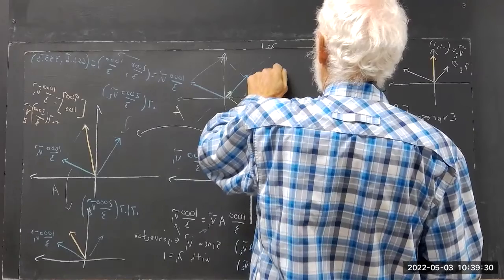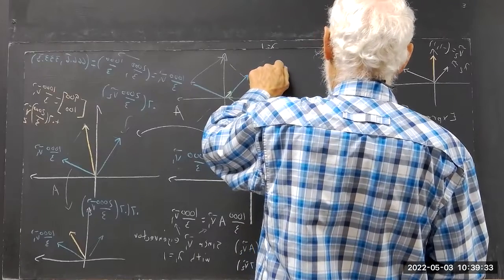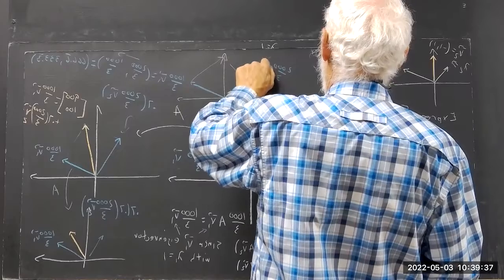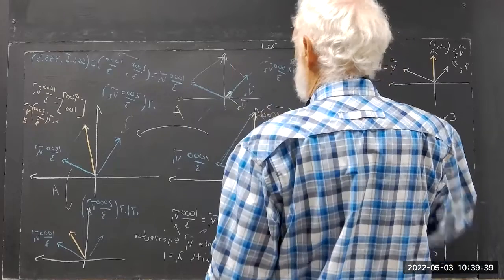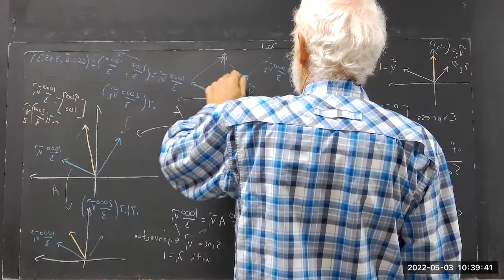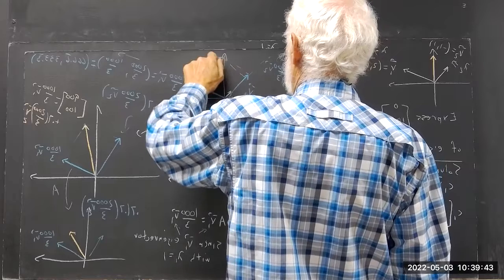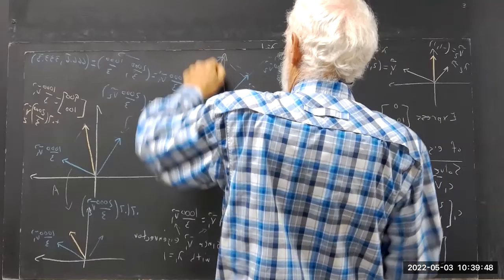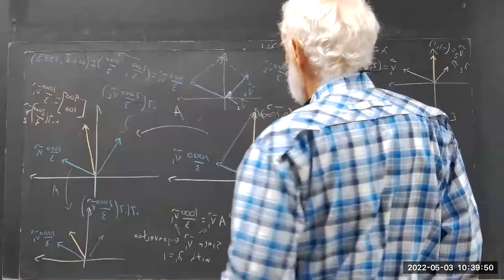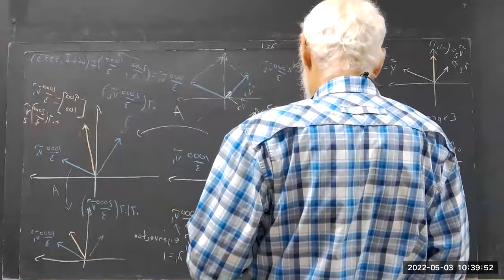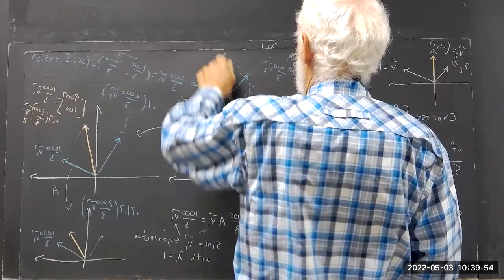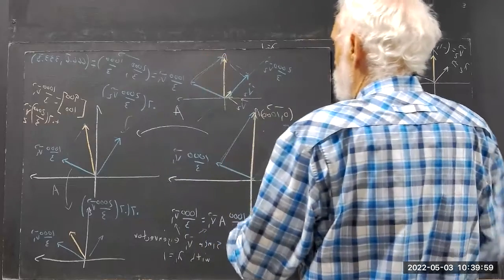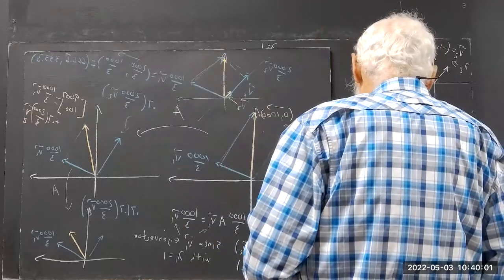Here's my vector, (2000/3) V2, which maybe projects up here just a little more. But anyhow, that's going to be the same as this vector. And this is my initial vector. So we get a triangle.